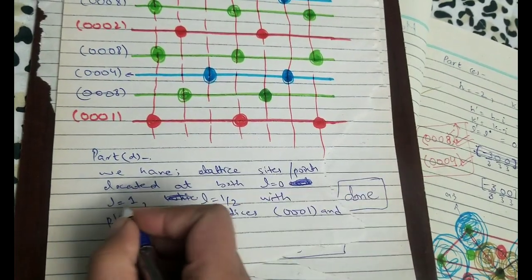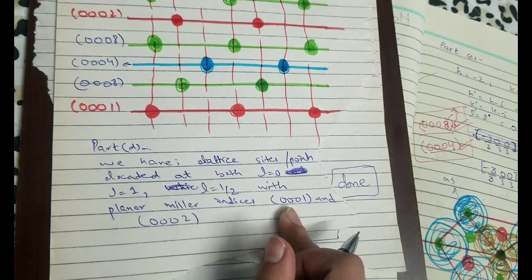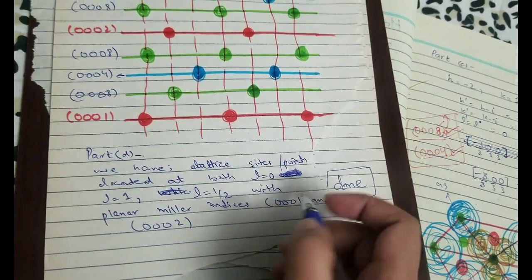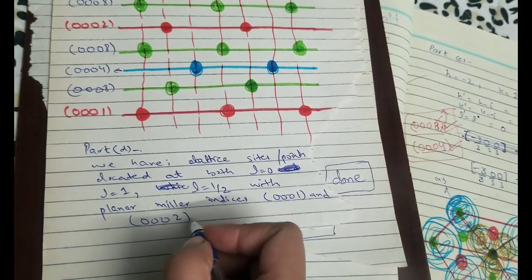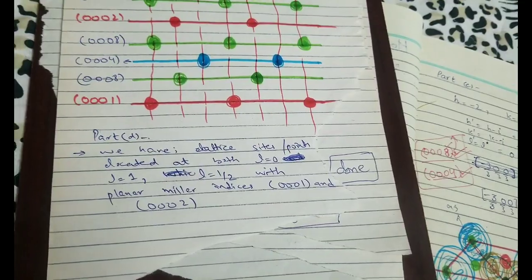L equals 0 and L equals 1 correspond to the same plane, and they will be represented by similar Miller indices, 0001, and the middle plane is represented by 0002. These are for the lattice sites.